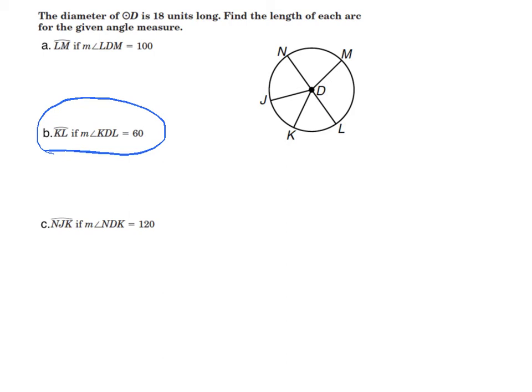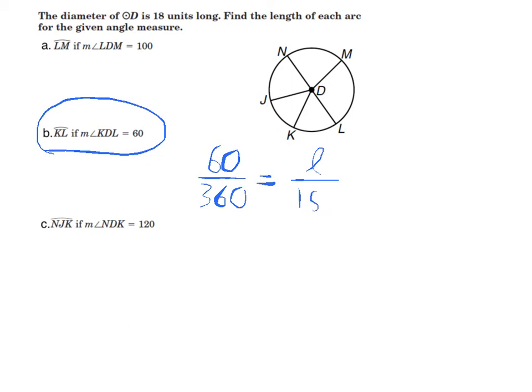I'm looking at the length of arc KL here, and its central angle is 60. So if I set up the same type of proportion as before, I've got the measure of the arc, which is the same as the measure of the central angle, 60, over 360, the degrees in the entire circle, is equal to my arc length, L, over my circumference, which is still 18 pi.